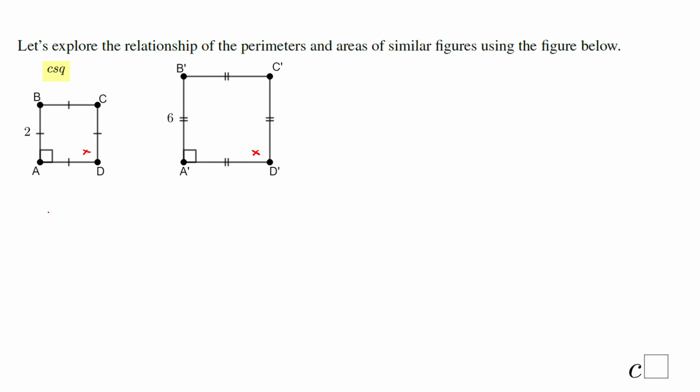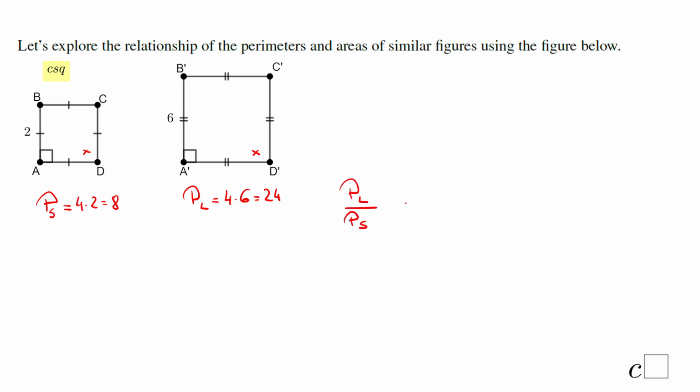The first thing I want to do here is to look at the perimeter of this small square ABCD. If you notice, the perimeter will be 4 times 2, which is 8. For the large one, it will be what? 4 times 6, let's be consistent, which is 24. What is the ratio of the large over small?